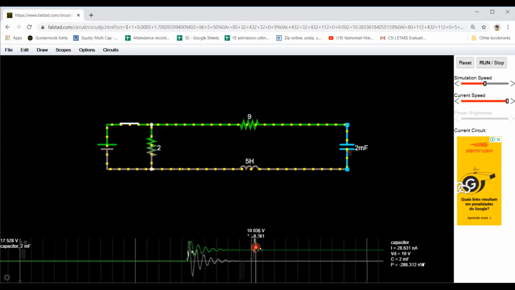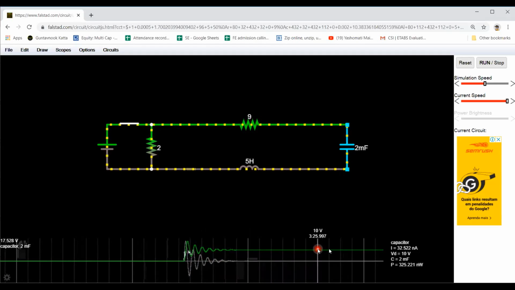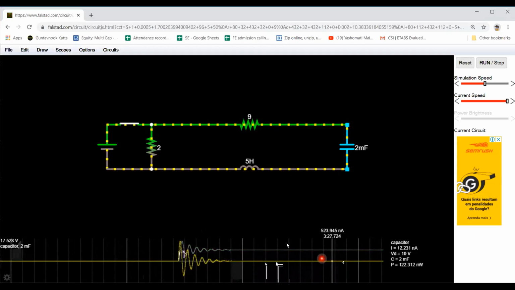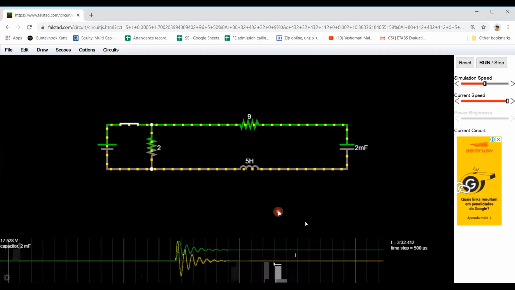From now onwards, the voltage is settled at V, whereas the current is settled at 0. So this is the steady state condition.